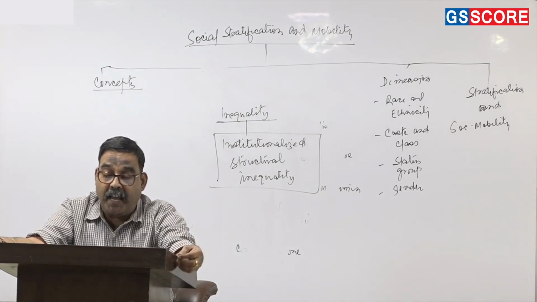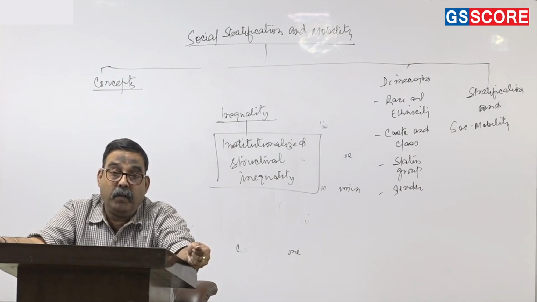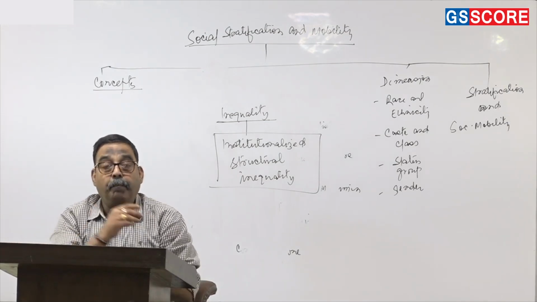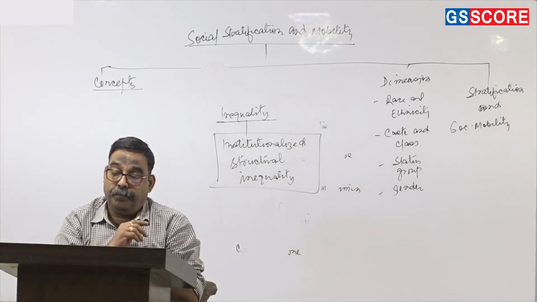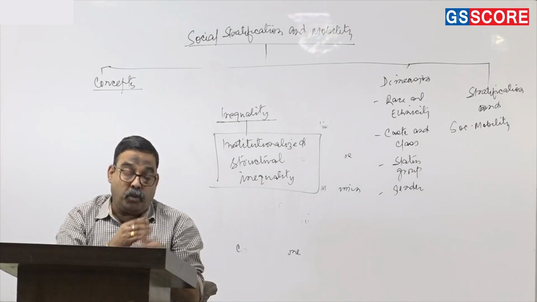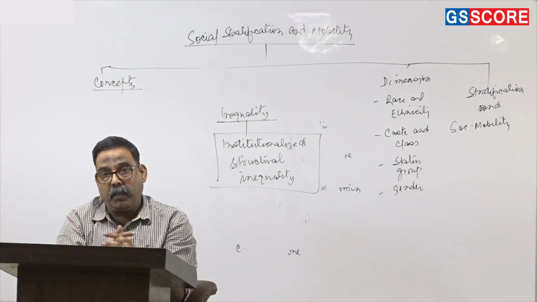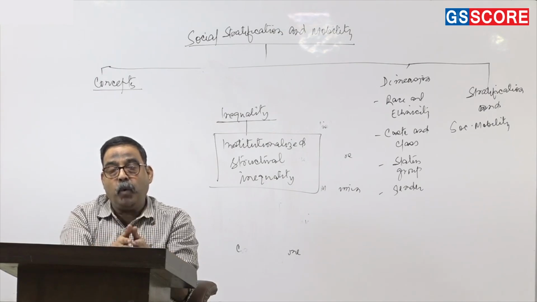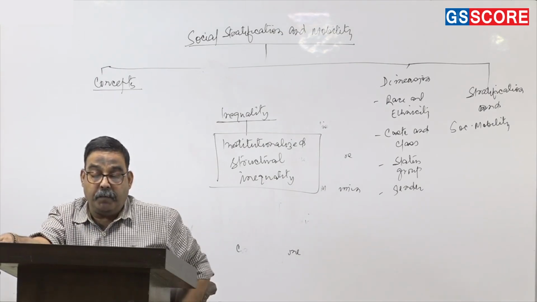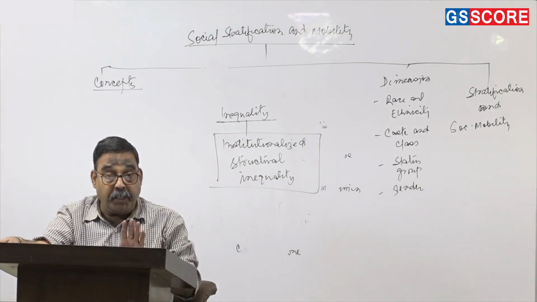However, with the passage of time, the relations between the classes become exploitative. So the masters exploited slaves, the lords exploited serfs, and the bourgeois are exploiting the proletariat. It means exploitation is not a new phenomenon.